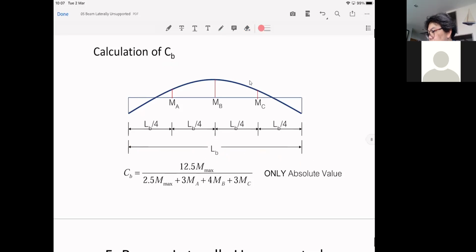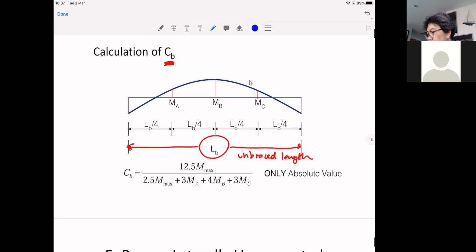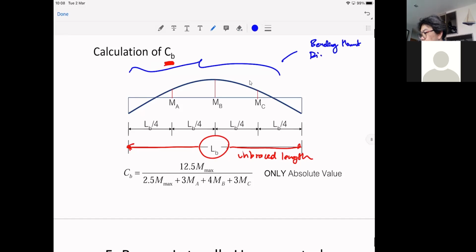And therefore, you must consider the bending moment diagram between a particular LB.